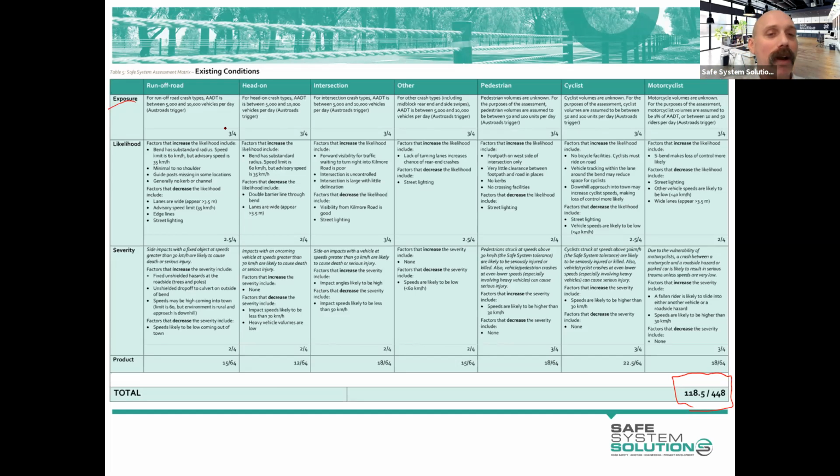Simple as that, 3. So we've got some traffic volumes, and it sits somewhere in that range. Often people will write what the volume actually is if they had the specific count. And you'll see it's a 3 there and a 3 there, being runoff road and head on.